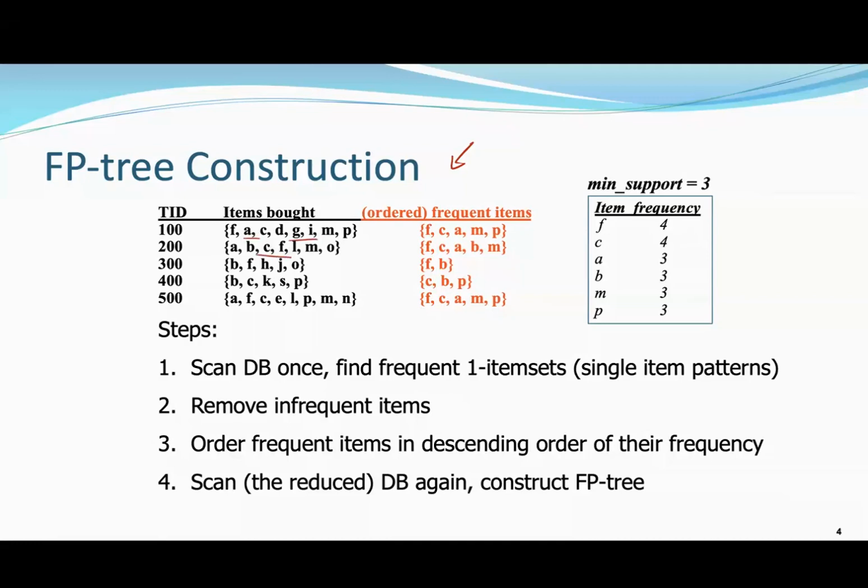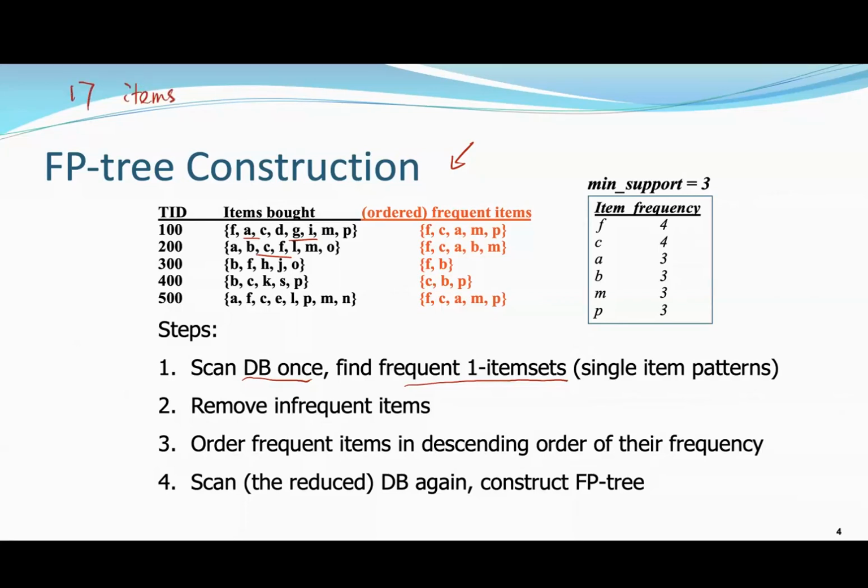The first step of the FP growth algorithm is to scan the database one time first, to figure out all the frequent one-item sets. This step is very similar to the first iteration of Apriori. In this example, we have items A, B, C, D, E, F, and so on to P, and then also S. Altogether, there are 17 items.